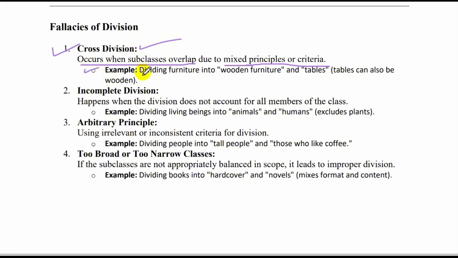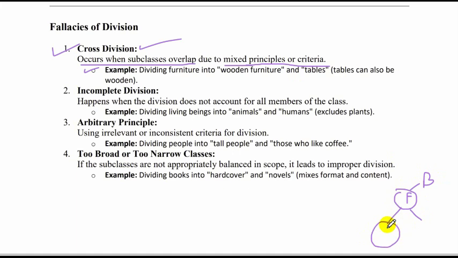For example, dividing furniture into wooden furniture and tables. Now, tables can also be wooden, so we are basically overlapping. There is an overlapping of the members into its subclasses. That is, we have furniture here, and then we have categorized. This is a broad category.